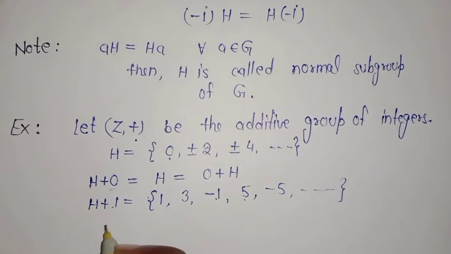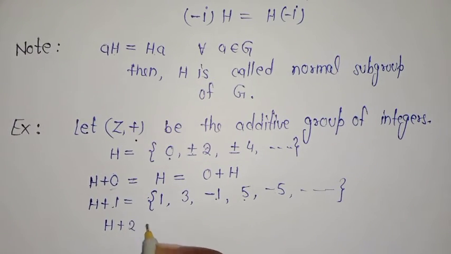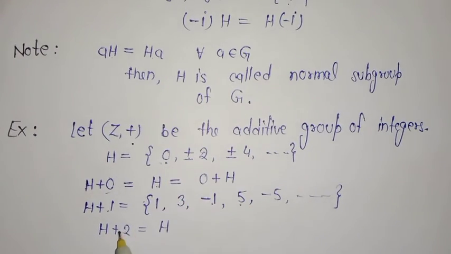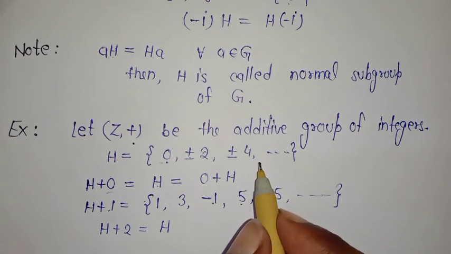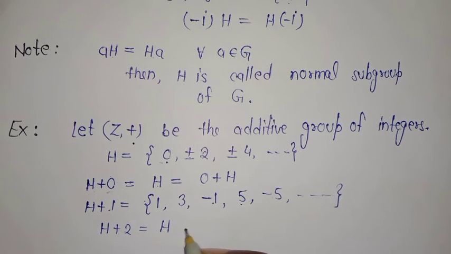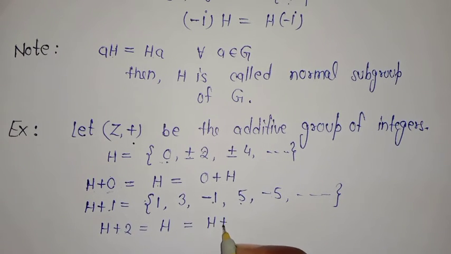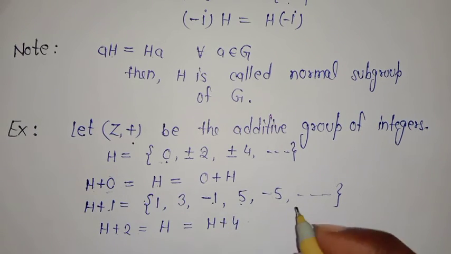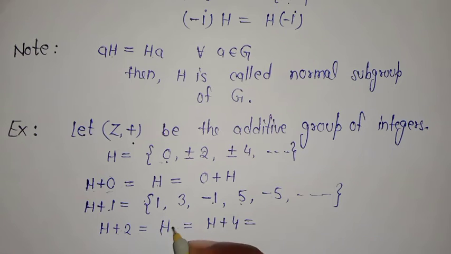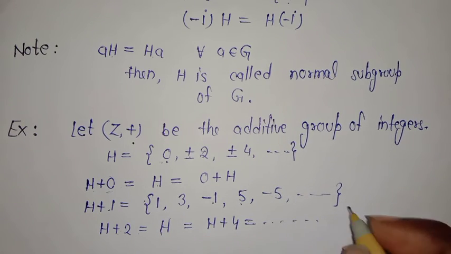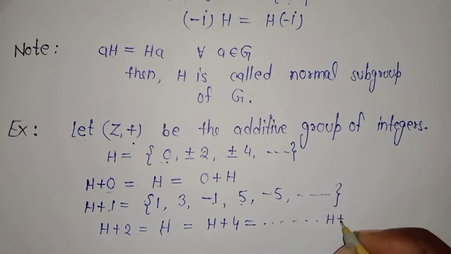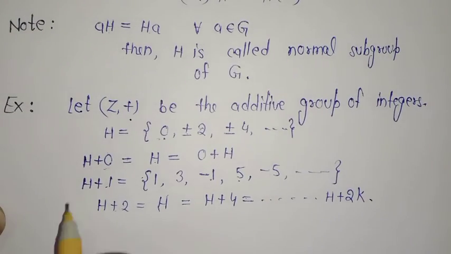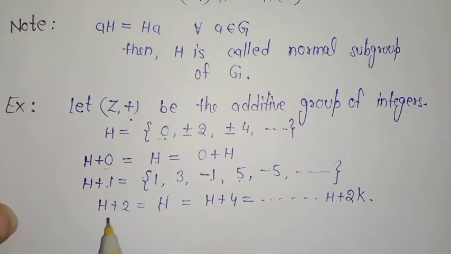Similarly if we do H plus 2, then again we get H. You can do it yourself: just add 2 to each and every element of H. You will get that H plus 2 is equal to H is equal to H plus 4. That is, whenever we add an even number to the subgroup H, we get the same H. So H plus 2k is true for every element.